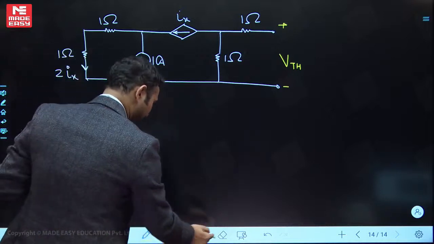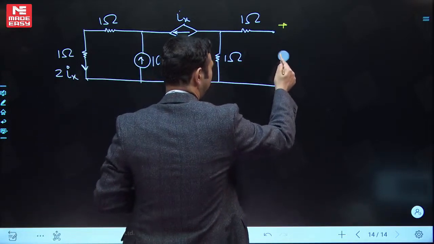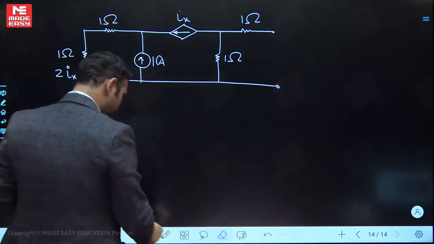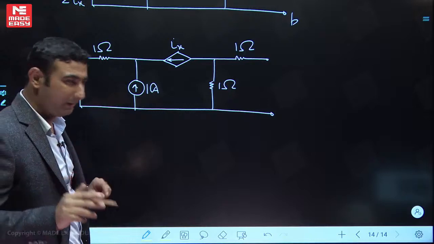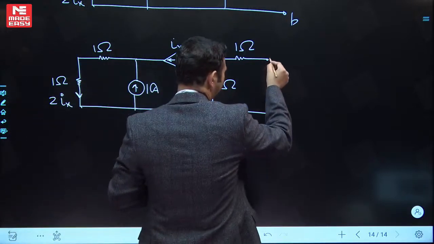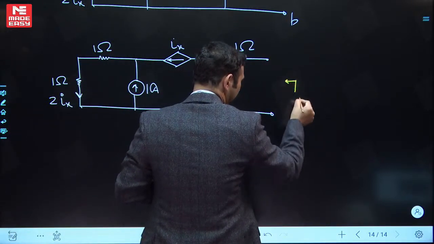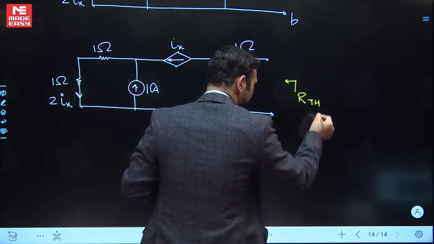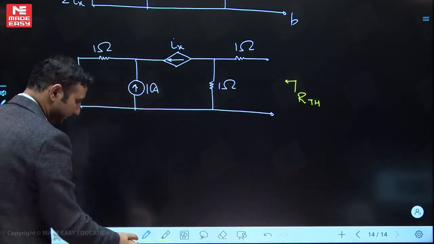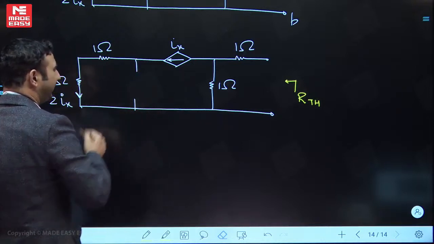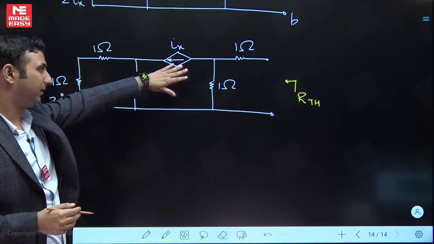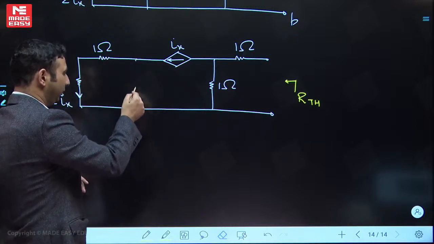Let me tell you the concept actually. It will be a waste of time if I do the calculation for this question. See over here, if I calculate RTH, which I asked you to calculate, between these two terminals, I will be deactivating all the independent sources, open, and then you will say I have a dependent source, so I'll connect either a voltage source or a current source.